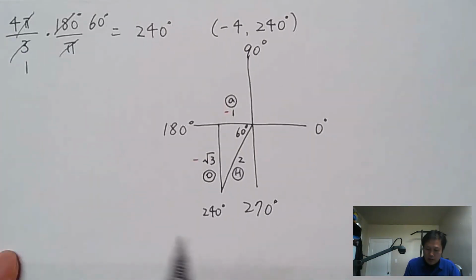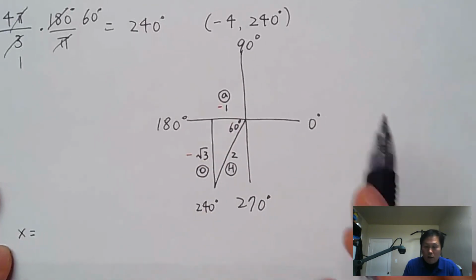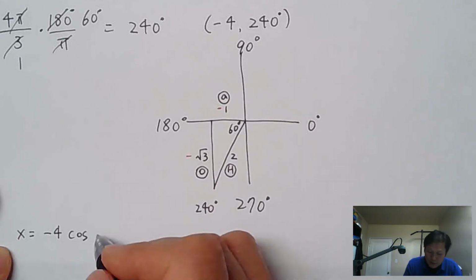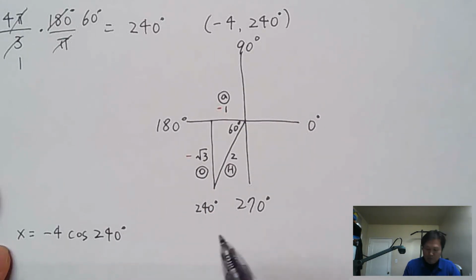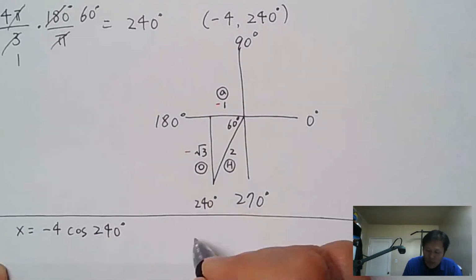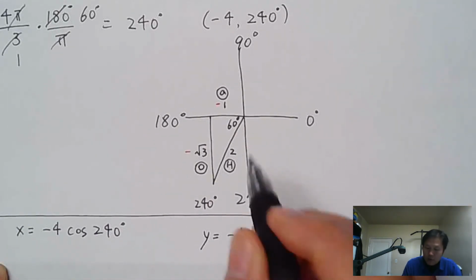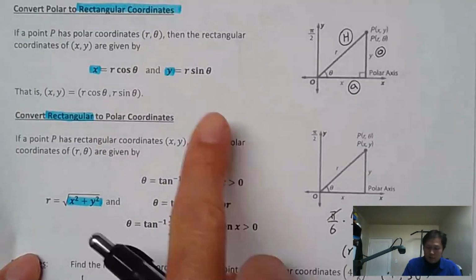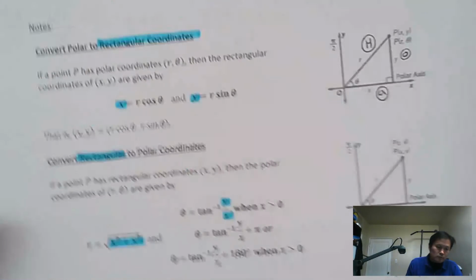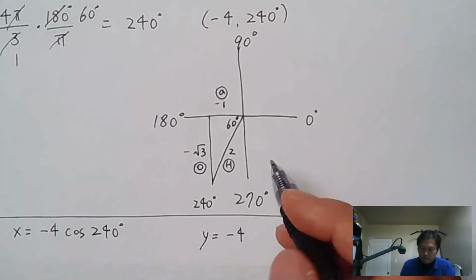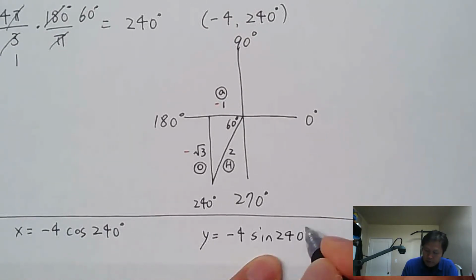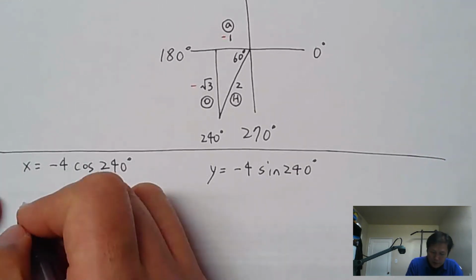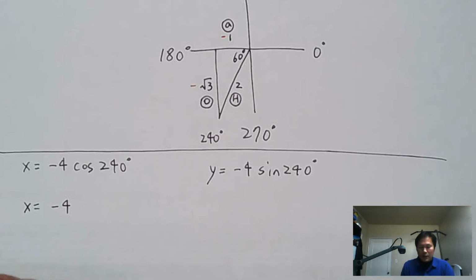So I would say x is r, which is minus 4, times cosine 240 degree, and y equal to r times sine theta, so minus 4 times sine 240 degree. So x equal to minus 4 times cosine 240.